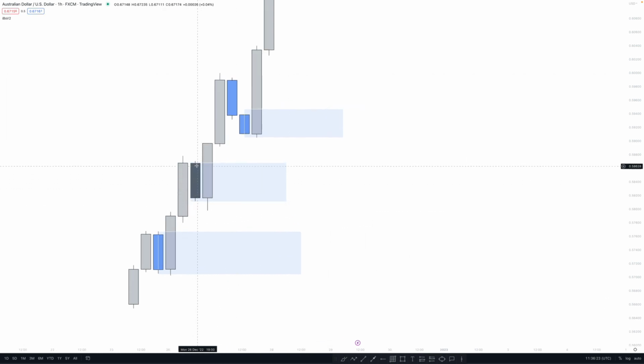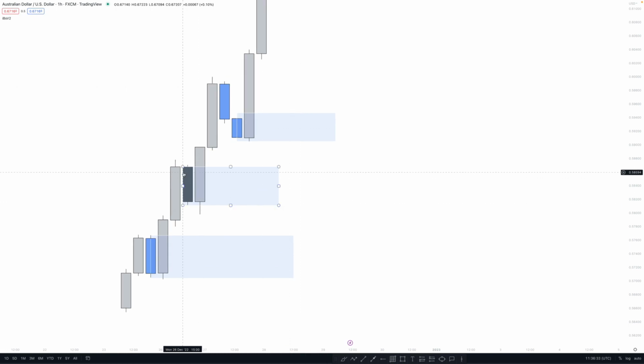After that retrace candle, there was an inside bar candle, as you can see. This whole candle is swallowed by the previous one. This is called an inside bar candle. When you're marking order blocks, you mark this as an order block, and you also mark this candle's low here.